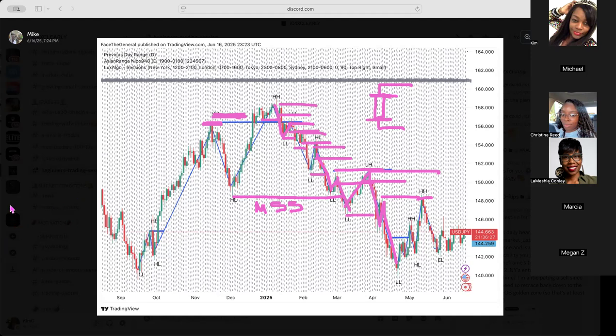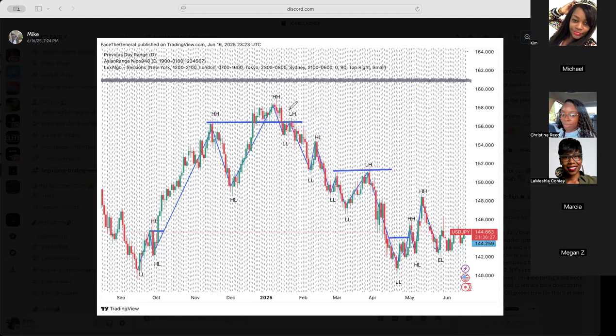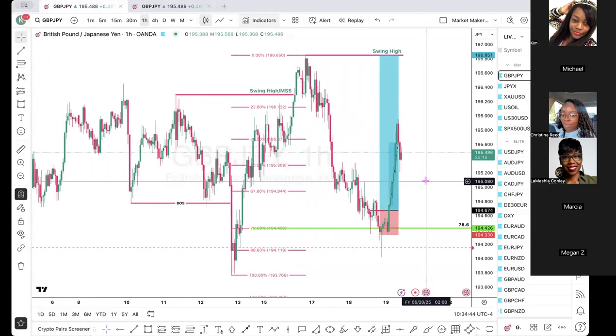So I'm going to go back. What I want to do now is share, which I don't know what pair this was. This was UJ. Okay, USDJPY. So let me share my TradingView.